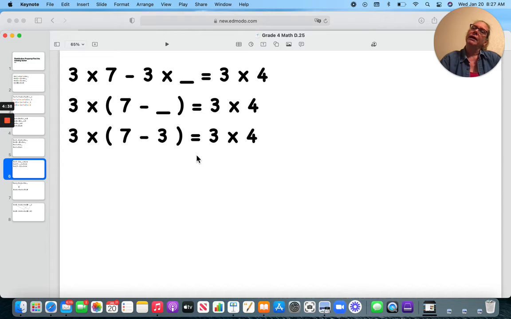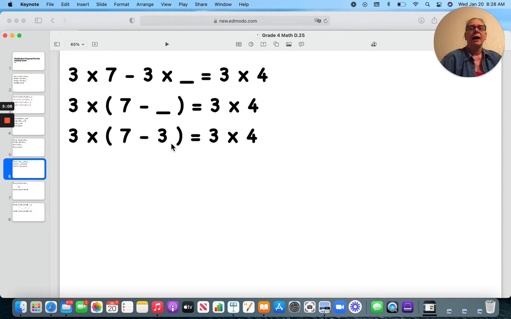Now I could look at it here too. I have 3 times 7 minus some other number, and that will equal 3 times 4. Well, I have to figure out what number I'm going to subtract from 7 to make it 4.